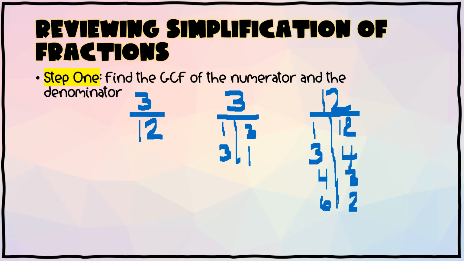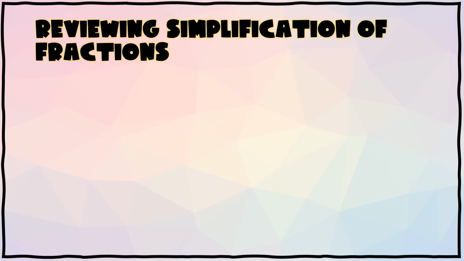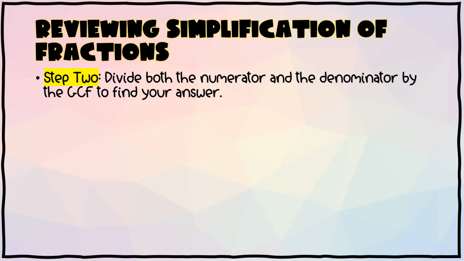And the greatest common factor, which is the factor that they have in common that is the highest, is going to be that number 3, which I see here and here. So what that means is that I am going to divide each number, so the numerator and the denominator, by that GCF. So divide both the numerator and the denominator by the GCF to find your answer.